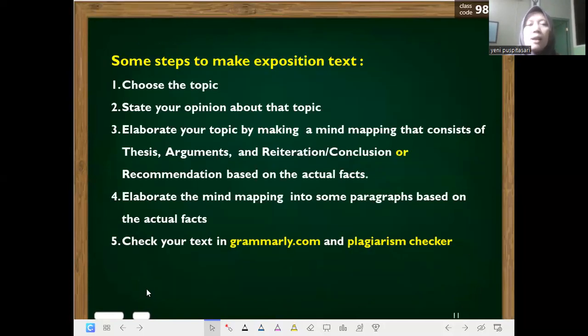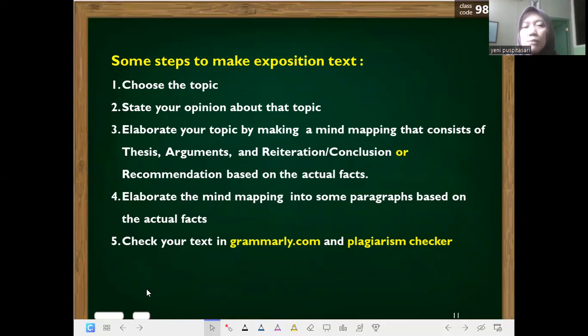Okay, and then how to make exposition text. Okay, this is the tips from me. The first one is you have to choose the topic and then state your opinion about that topic.